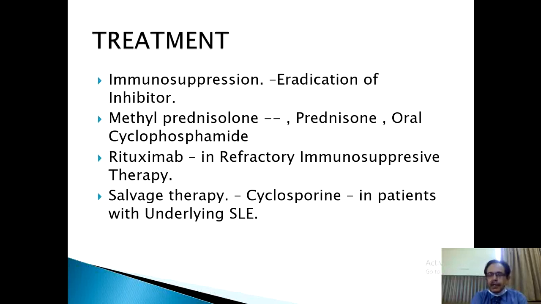And if SLE is associated with the acquired hemophilia, or is the underlying etiology, then you have to make use of salvage therapy with cyclosporine. So in a nutshell, for SLE-associated acquired hemophilia, salvage therapy is used, and cyclosporine is the drug of choice.